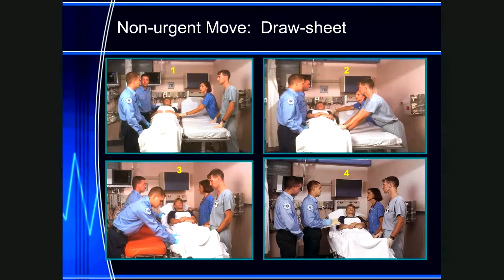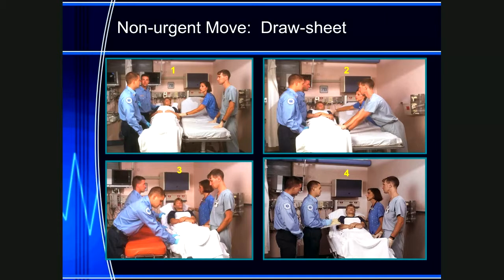So in picture one, the EMTs are communicating with the receiving ER people. ER people reach across their stretcher to grab one side of the stretcher sheet. In scene three, the hospital people start pulling the patient across while the two EMTs don't have to fully pick up the patient, but they need to guide that patient off the stretcher.